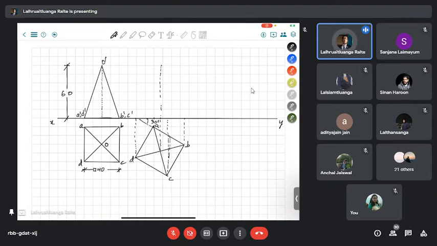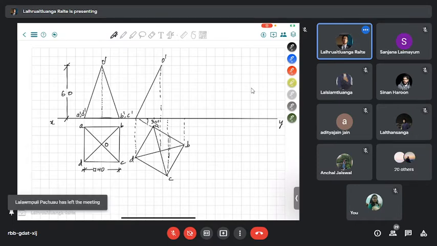So from point D to point O dash, it's still visible. Same goes for C to O dash. C dash to O dash is also going to be visible. And O to B also.